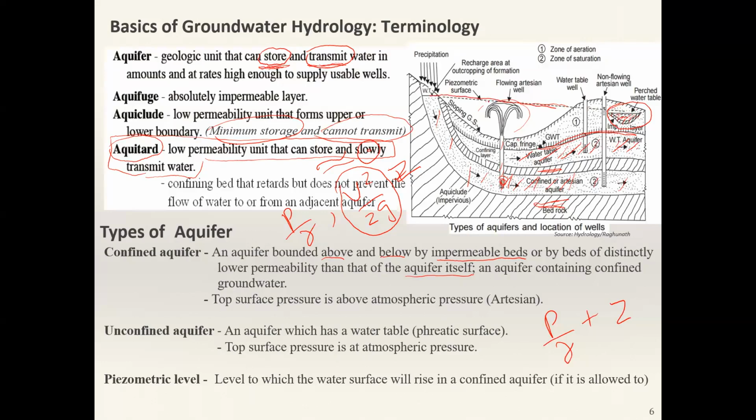Why does this one have a negative gradient? Why is it decreasing like this? Why is it not increasing? Anyone? Why does this line have a negative gradient? It is because of the head loss. Compare it with open channel flow or pipe flow.